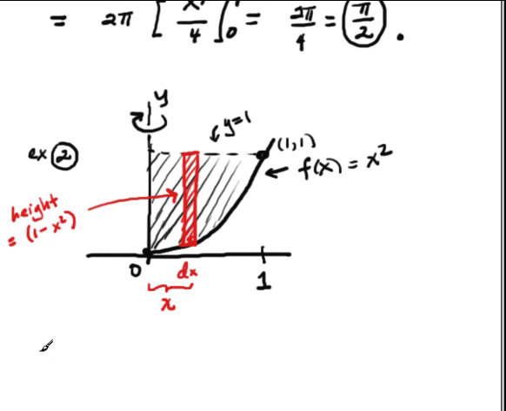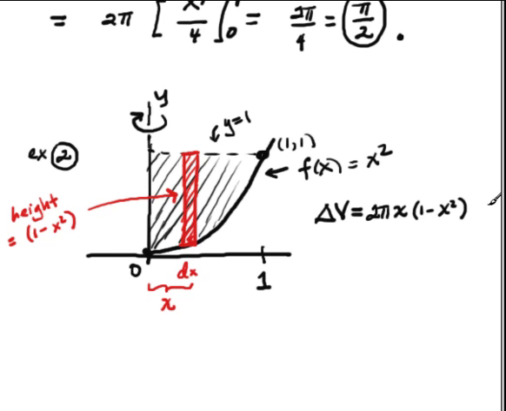So we're going to modify our formula a little bit. Let's write down what delta V is. That'll help us in our calculation. The volume of this cylindrical shell is the circumference, 2 pi x, times this height, which is 1 minus x squared.